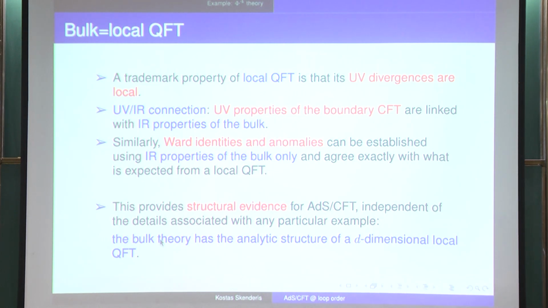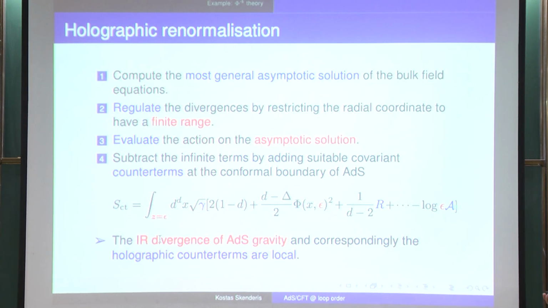And that's exactly what happens here. By analyzing the asymptotics, you find exactly the right Ward identities and exactly the right anomalies. So this anomaly here is the correct anomaly for a two-dimensional CFT, or the correct anomaly for N=4 Yang-Mills.